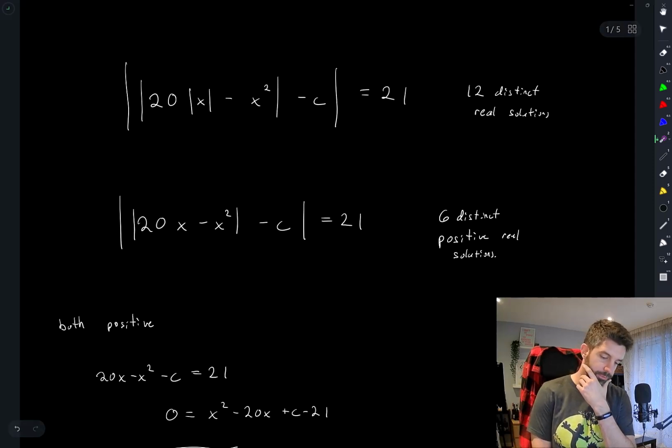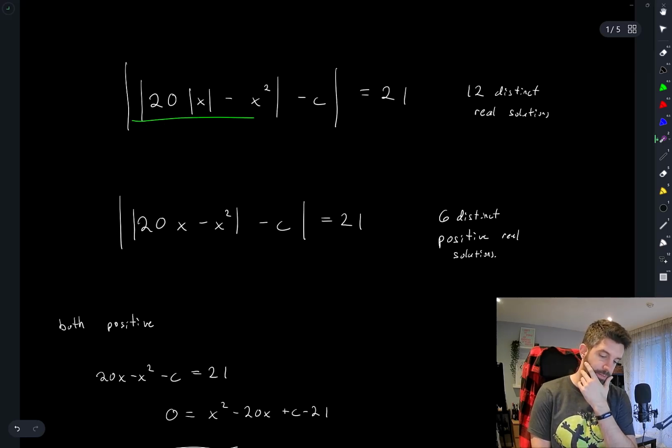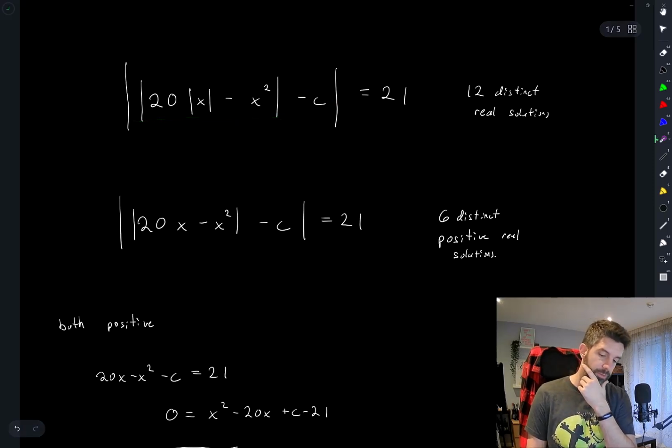Okay, if I replace x with negative x, well, let's first think about x equals 0. If I set x equal to 0, then c must be equal to plus or minus 21.